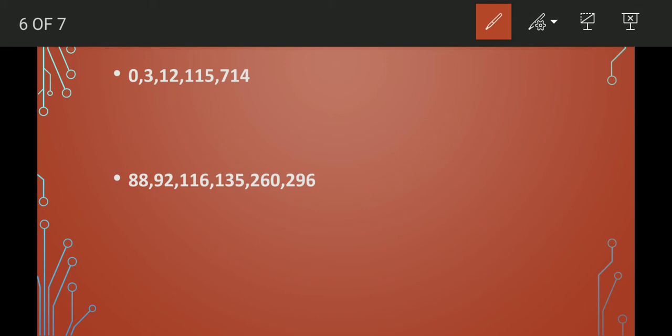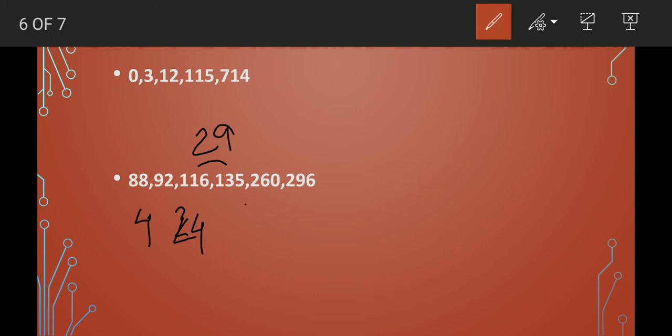So we can start with taking differences. For the first two, the difference is 4. For the second and third, the difference is 24. For the next two, the difference is 19.